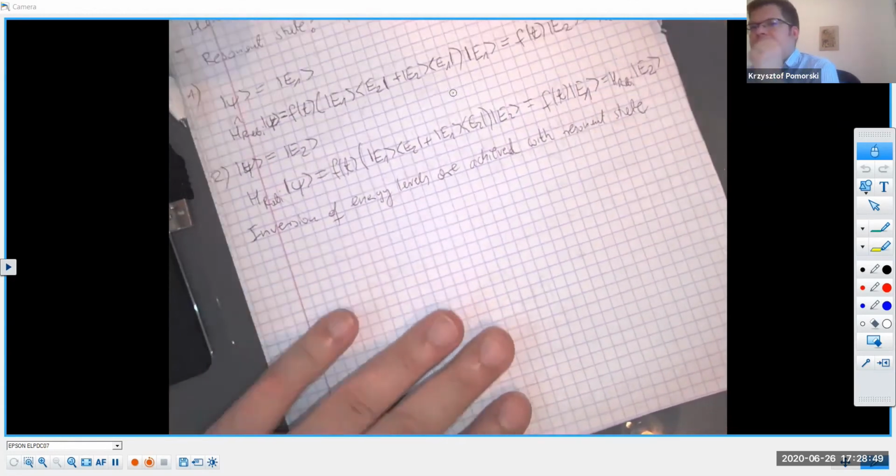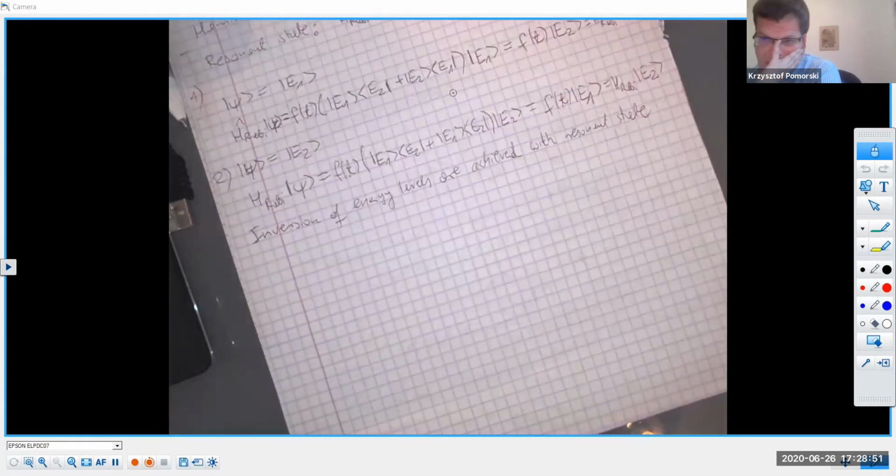So it's natural to suspect that it will flip the occupancy of one energy level into another and back and forth after a certain time.